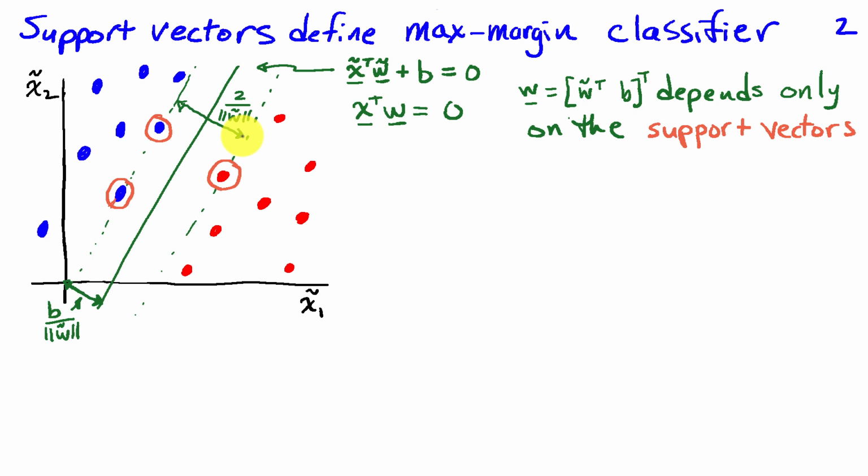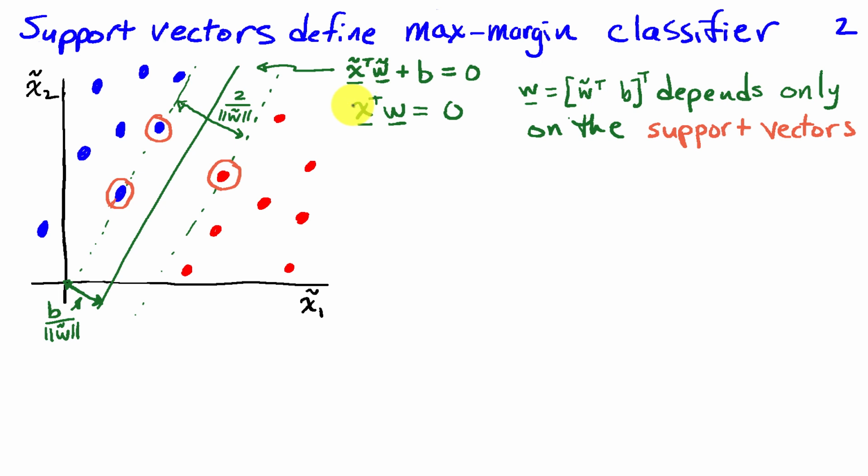The distance here is 2 over W tilde, where W tilde is the component of the classifier weights that is applied to the data, excluding the constant term that we add to get an offset. So we're going to represent that constant separately here in terms of B.